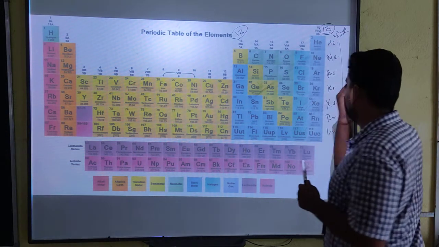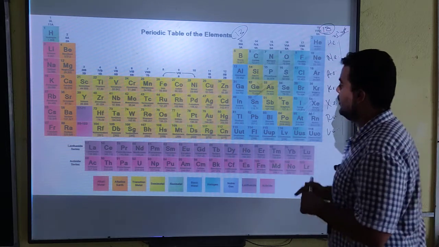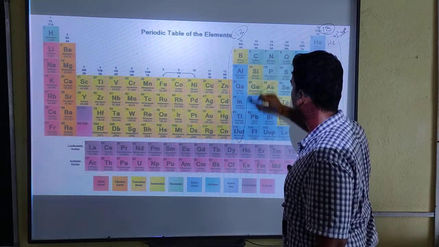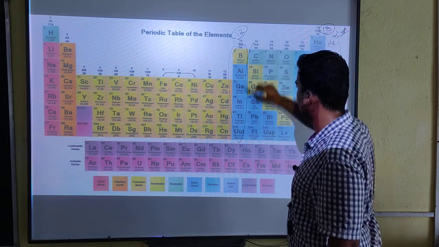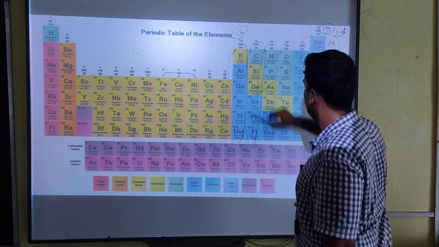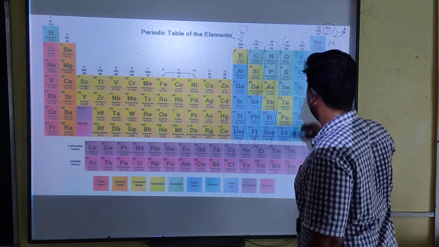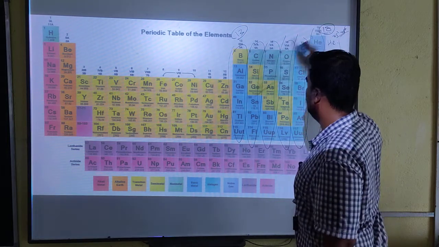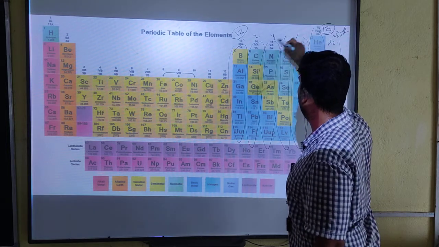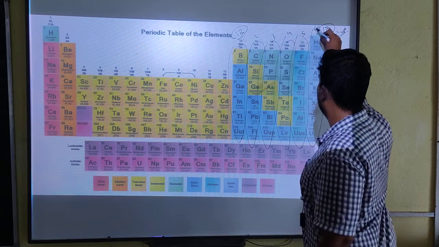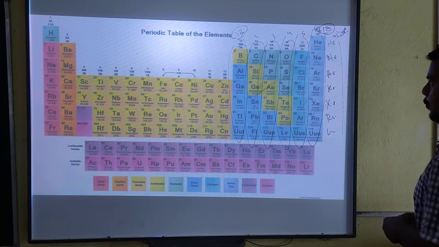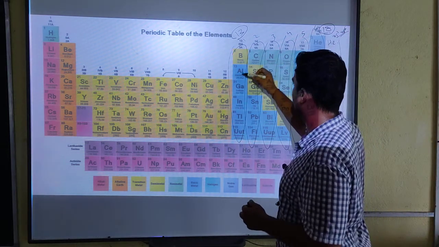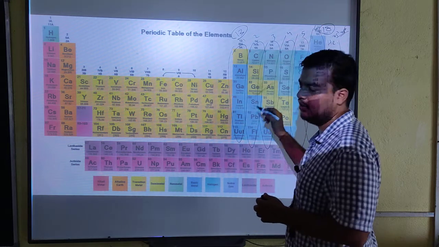So when we are talking about the p block elements, it has elements from boron. This is group 13, this is 14, this is 15, 16, 17 and 18. So there are a total of 6 groups present in the p block element, and there are 6 periods.